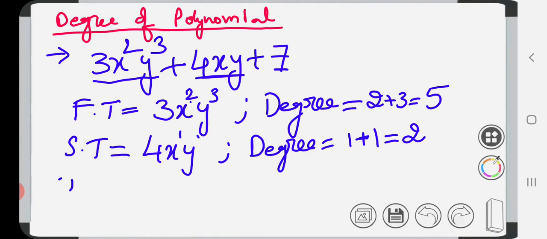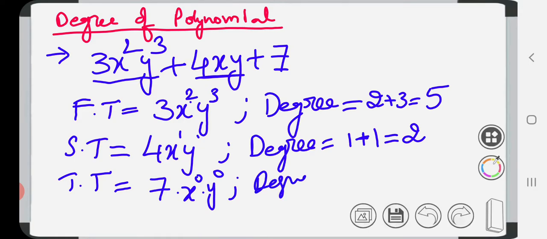And the third term, 7, is a constant term. No variables are there. Here, we have to write x power 0 into y power 0, because all terms have x and y. Then in this case, the degree becomes x power 0 and y power 0, that is nothing but 0.